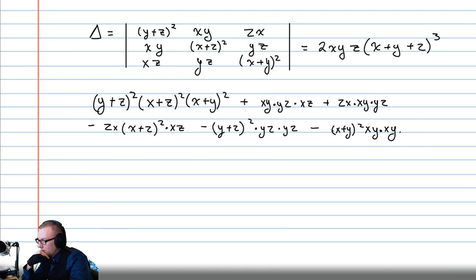No, I'd probably just go this route and then factor. It'd be tons of work, but multiply and divide row 1, 2, and 3 by x, y, and z respectively.